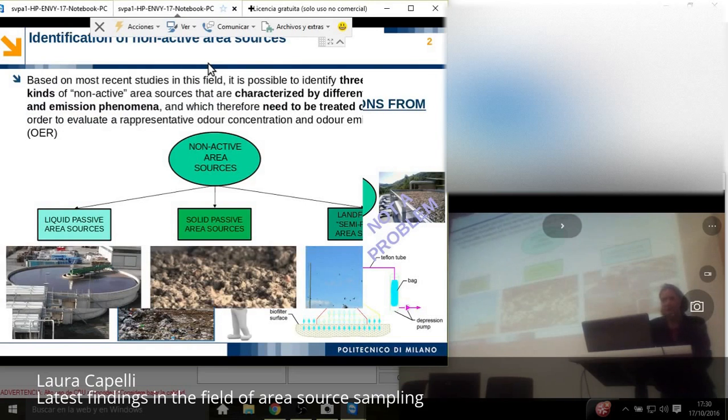First of all, before getting into the subject, one important thing is that the problem is defined by identifying the different types of area sources that require to be considered in a different way. Based on our most recent studies in this field, we identified at least 3 different kinds of, I prefer to call them non-active area sources, which have to be treated differently since they are characterized by different volatilization and emission phenomena.